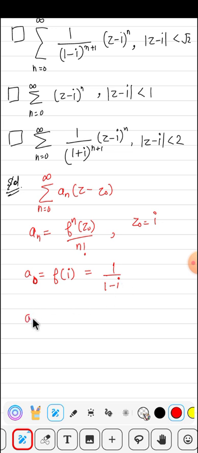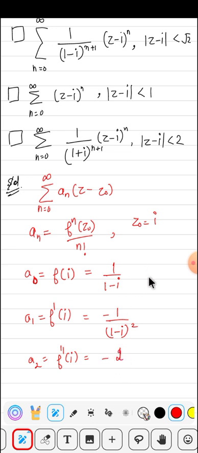Next, a1 is equal to f dash of iota, which means minus 1 upon (1 minus iota) squared. For a2, f double dash of iota is minus 2, and there is a factorial. This is 1 factorial, and here I will get 2 factorial, and (1 minus iota) cubed. 2 factorial will cancel out with 2.